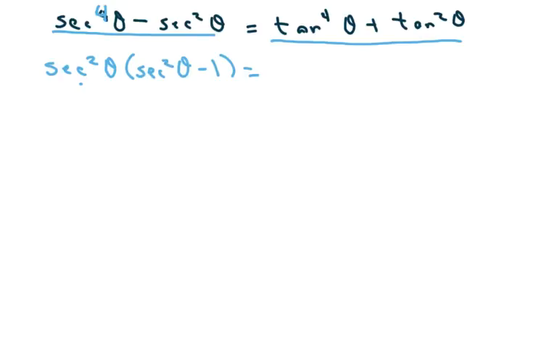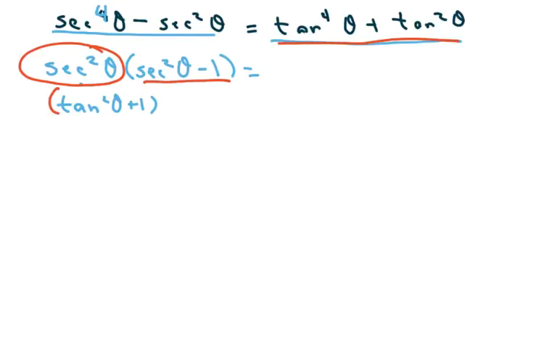Well, secant squared equals tan squared of theta plus 1. So basically I substituted this. And I keep looking at this here. And this equals tan squared.